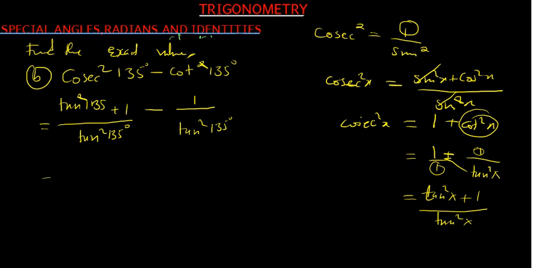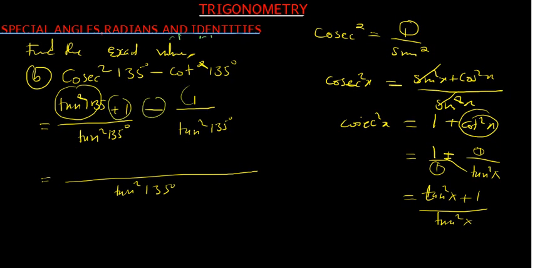Since we have the same in the denominator, I can also write it as tan squared 135 degrees, and then on top I have tan squared plus 1 minus 1, which I will just get as tan squared 135. Now tan squared 135 over tan squared 135 will give me a 1. So that will be the exact value for that one.